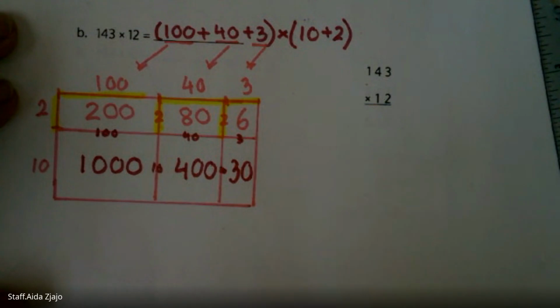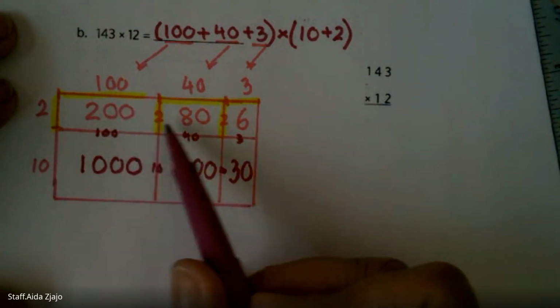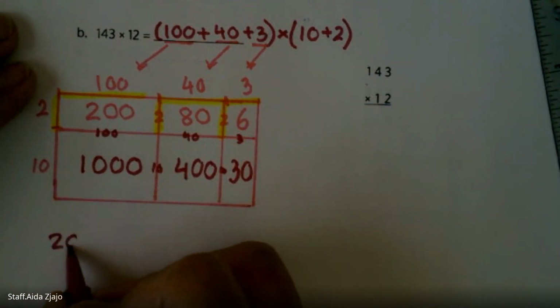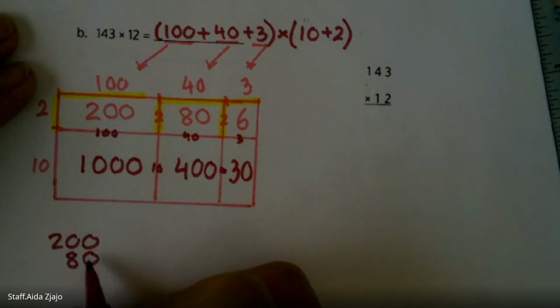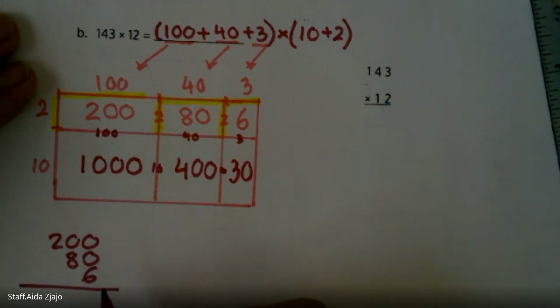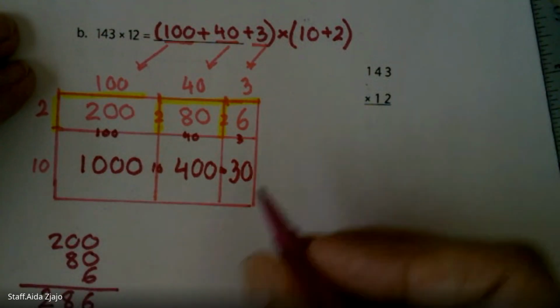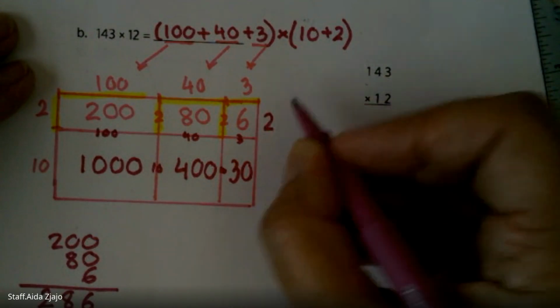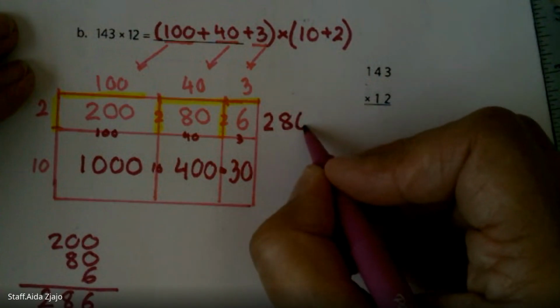So now I'm going to add these together. If you don't know, you can do 200 and then 80 and 6. And then you can add 6 and 8 and get 286. So this is 286.